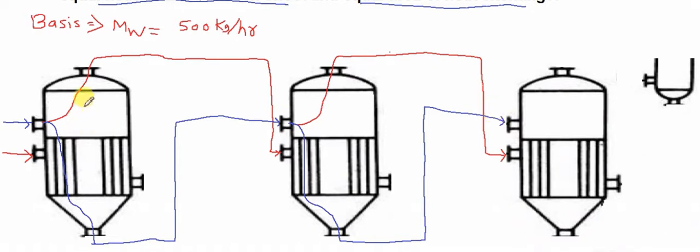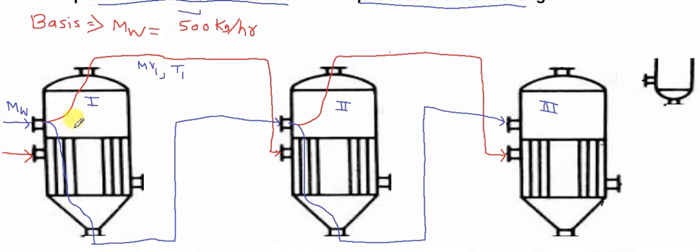Okay, so here we have the first effect, here the second effect, and here the third effect. This will be your MW, that is weak liquor coming to the first effect, and that MW value is 5000 kg per hour. This will be your MV1, the mass flow rate of vapor from first effect, and the corresponding temperature here will be T1.